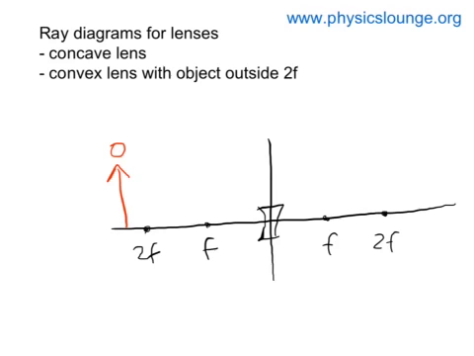So the other similarity is we have this small symbol in the middle to indicate the lens. We use the same vertical axes to imagine that's exactly where all the, in this case, diverging takes place, all the refraction to change the direction of the light rays.